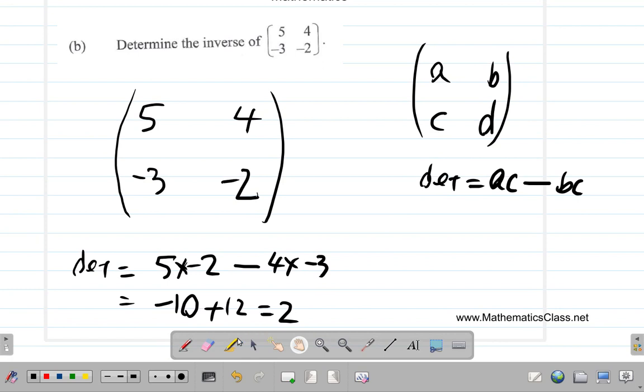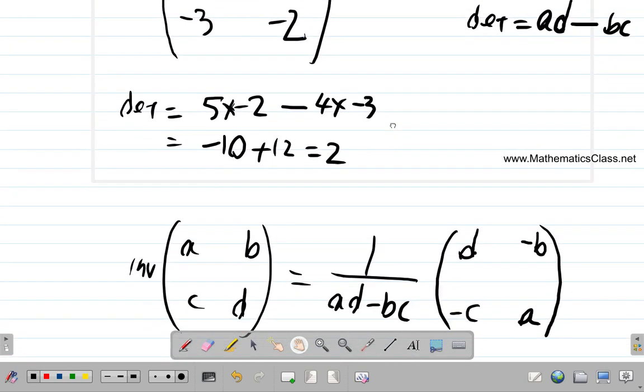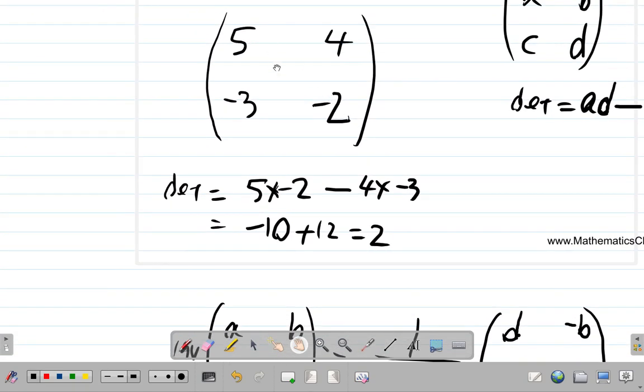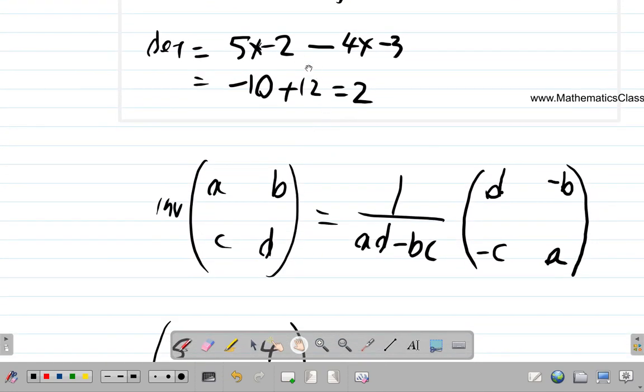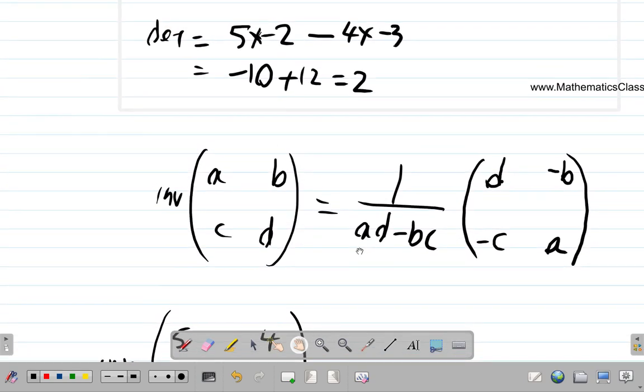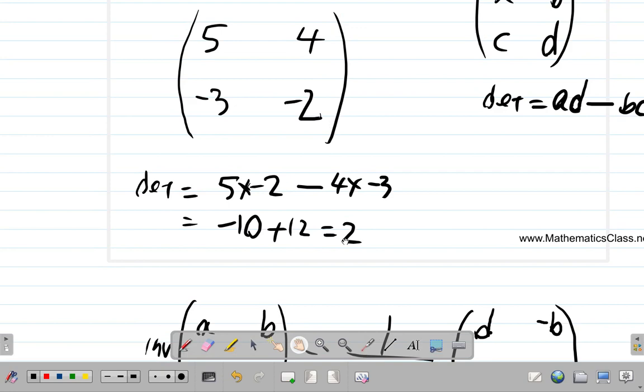I had said AD minus BC. I realized that it should be AD minus BC, so we have 5 by negative 2 minus 4 by negative 3. We get positive 2 for that answer. The determinant of the matrix is 2.